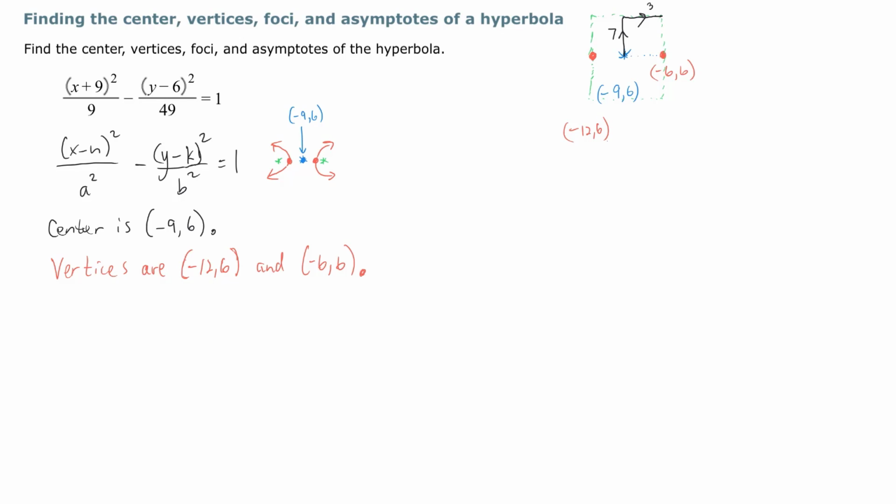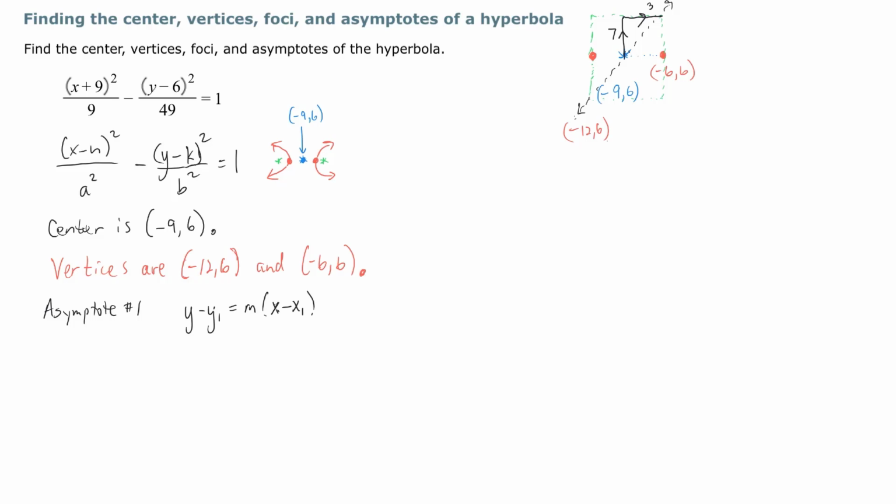So one of the asymptotes is this black dotted line. Let's call this asymptote number 1. It has a slope already. That slope is 7/3. So y minus y1 is equal to m times x minus x1.